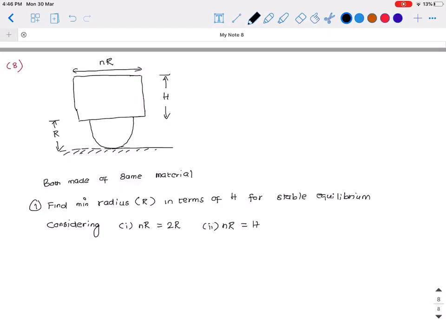So we need to find r as a function of h for these two special cases. So this is what we need to find.